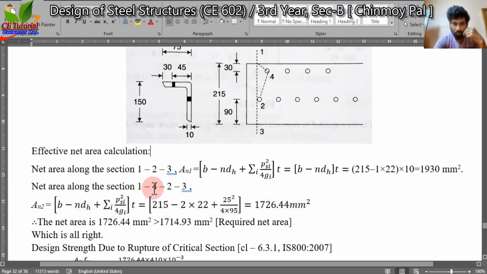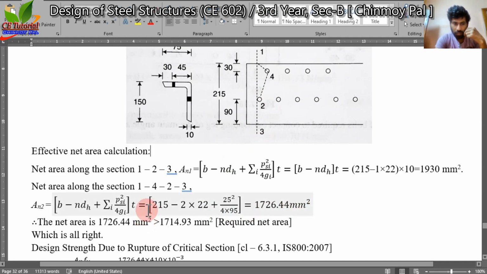And net area along 1, 4, 2, 3, there is one diagonal line, 4 2, that's why p square by 4g will be here. So p is 25, from this point to this point, the horizontal distance between two bolts, and the net area along 1, 4, 2, 3 is 1726.44 millimeter square.